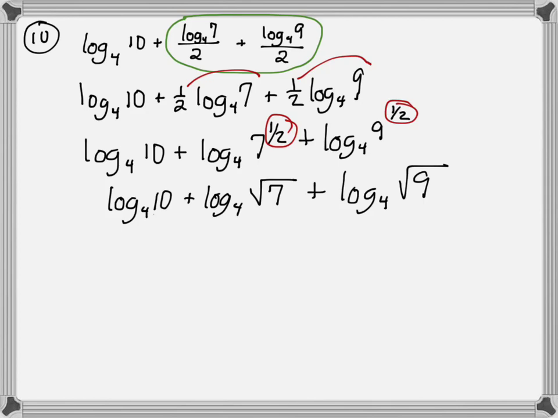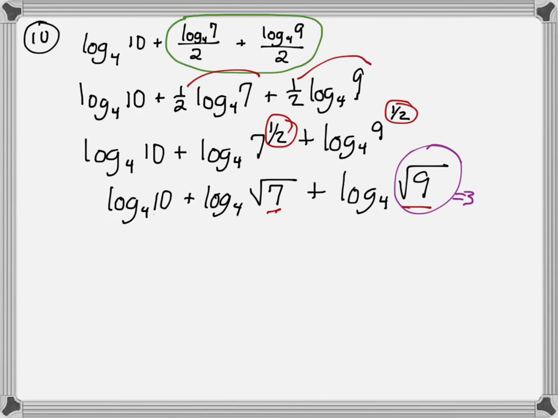And so let's talk about how this next step is going to happen. If these two radicals could not be taken the square root of, if there was not something you could take the square root of, you would multiply the 7 times 9, and that would be under your radical. But we can take the square root of 9. The square root of 9 is 3.